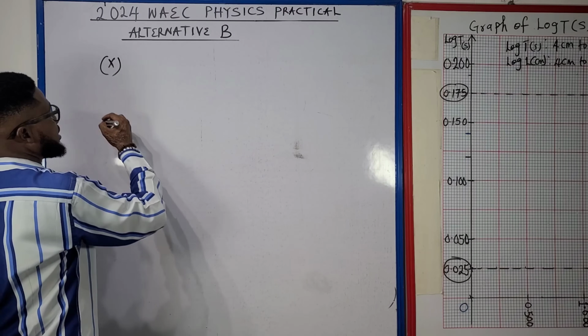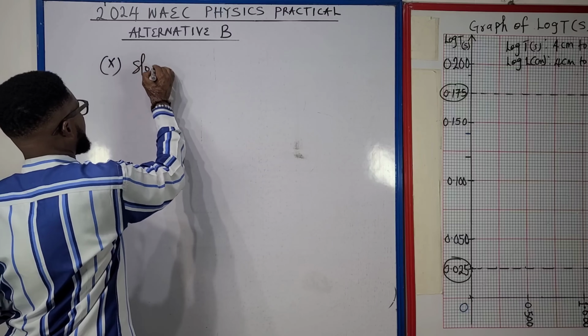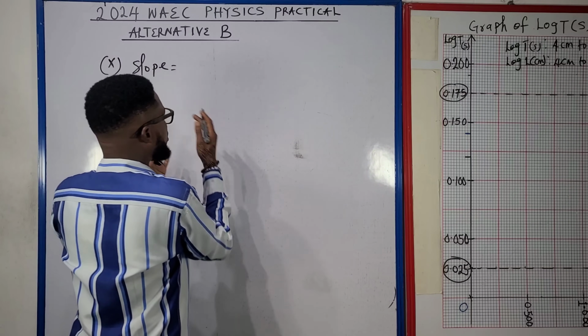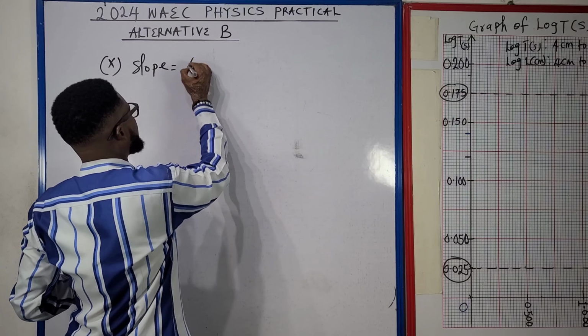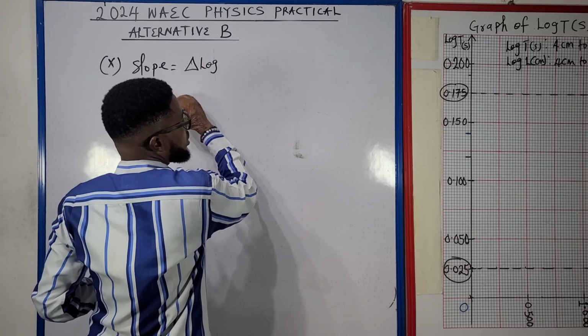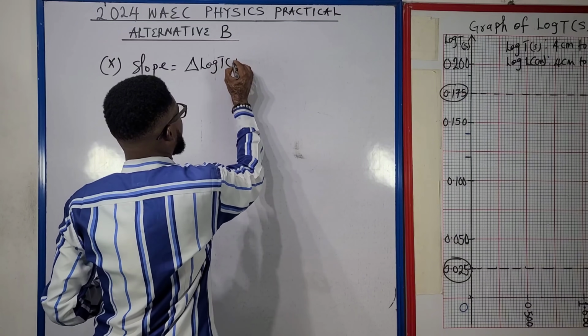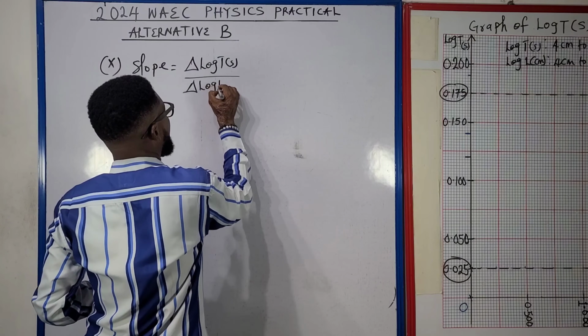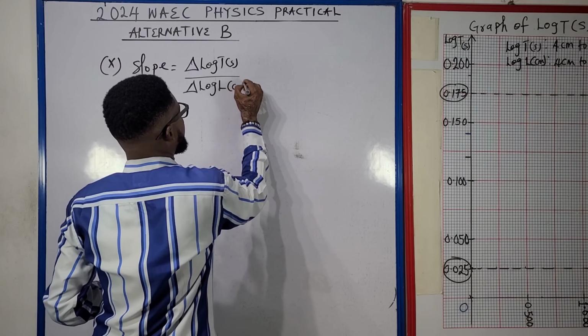That's instruction 10. The slope for this graph is going to be the normal. When we look for slope, it is the change in the vertical axis, here the change in log T in seconds, divided by the change in log L in centimeter.